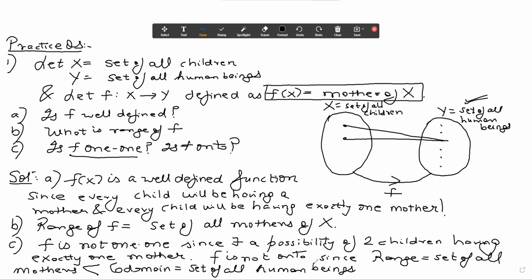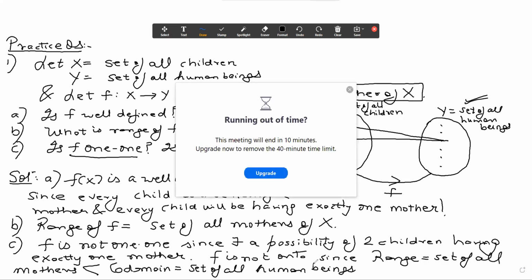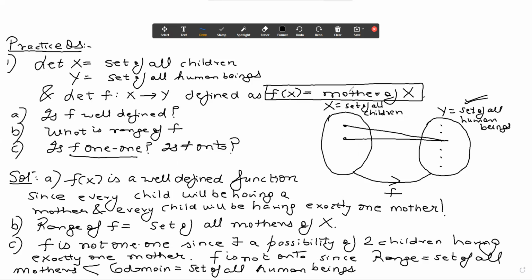Some human beings are fathers also, uncles and aunts also, friends also. Okay, so I hope all the students have understood this example. Now there was no maths involved in this example, but it was all logic. So this was practice question 1. Let's do the second practice question.